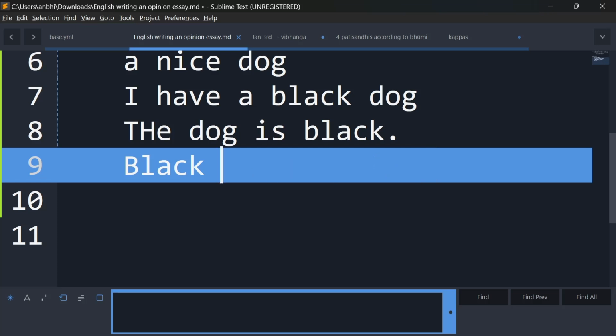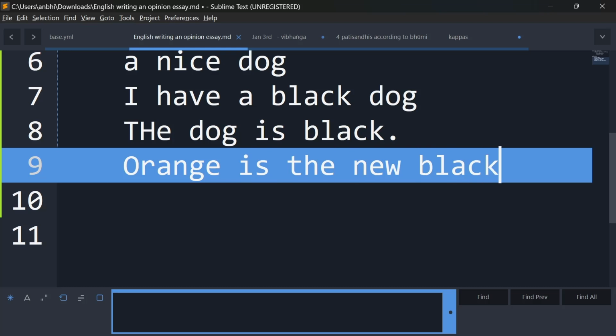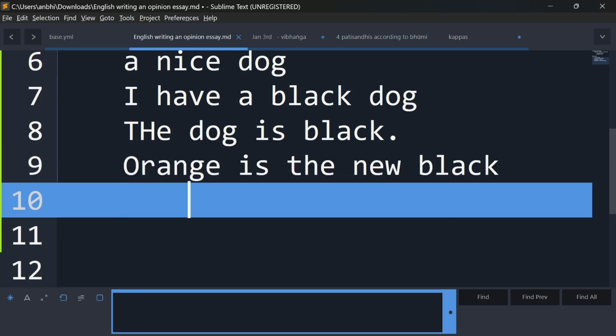I don't know, I just remembered something I heard long ago. Black is the new white. I think I heard this. Orange is the new black. Something like that. It was a little difficult to explain, but I think it was related to, you know, when people gather, like meetings, most often we wear black suits.